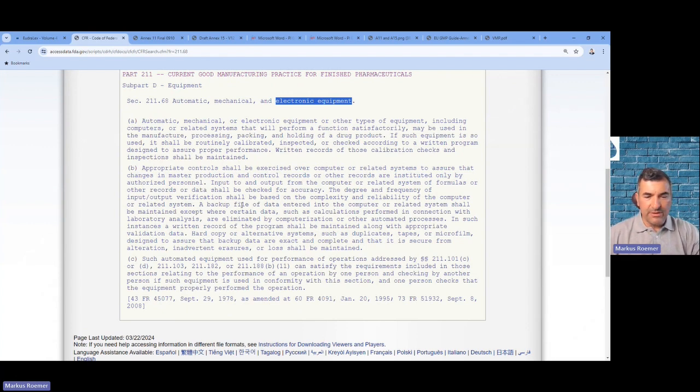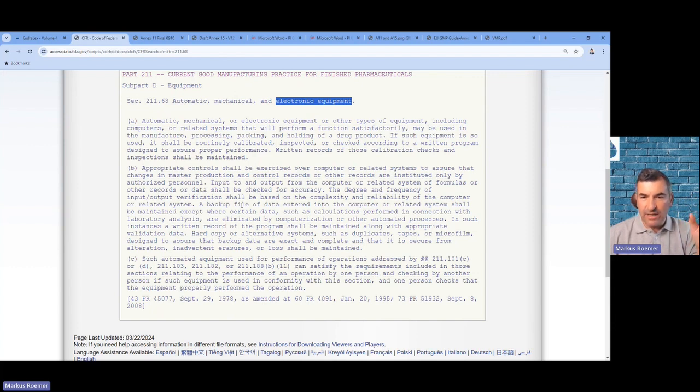Such automated equipment used for performance of operations addressed can satisfy the requirements, including in those sections related to the performance of an operation by one person. And sometimes it's interesting, you find a very similar wording also in Annex 11, in the principle section, for example. But basically it's brief.